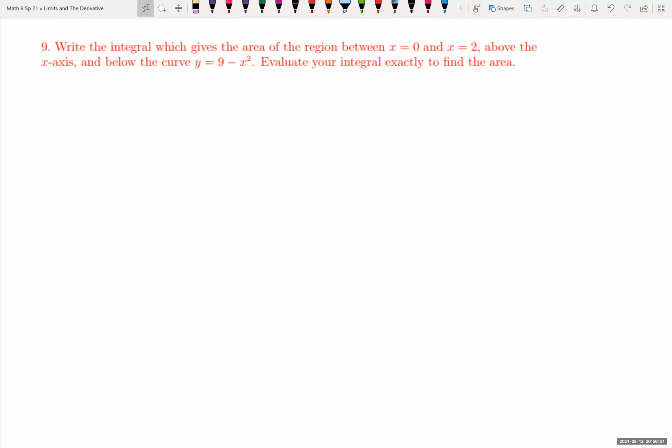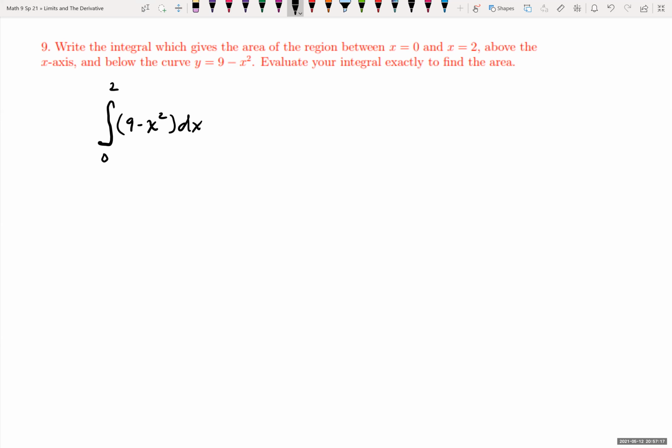It tells us we want to write our integral. It's a definite integral. Definite integrals will find the area between the curve and the x-axis if it's above the x-axis. We're looking at the bounds from 0 to 2 of 9 minus x squared dx.